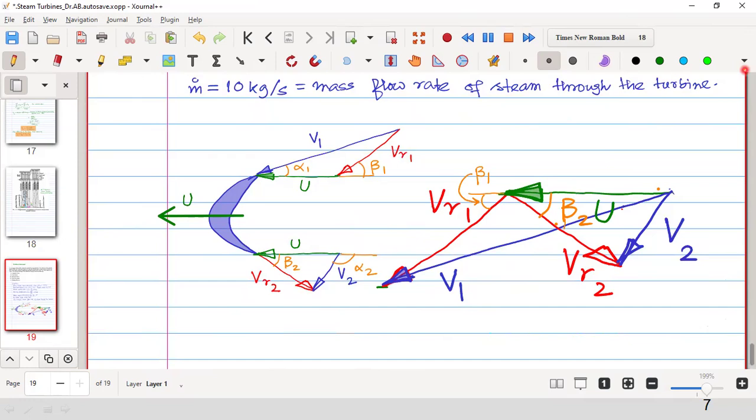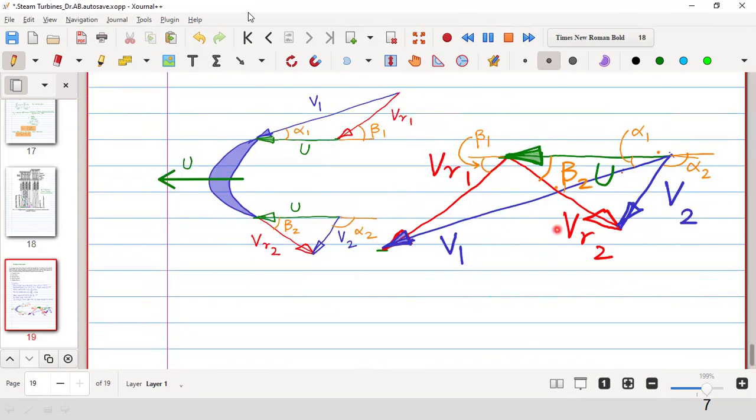And this is alpha 1, and this is alpha 2. So alpha 1, beta 1, alpha 2, beta 2, all are identified.